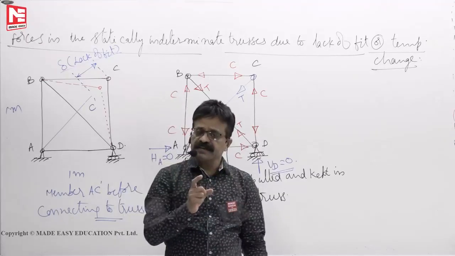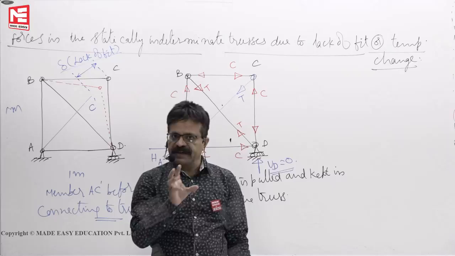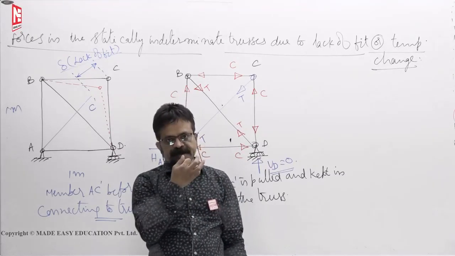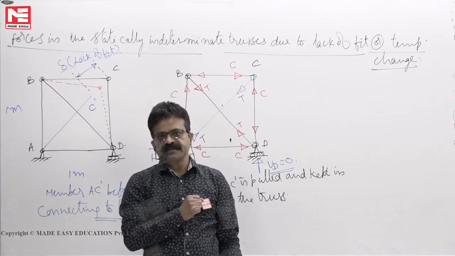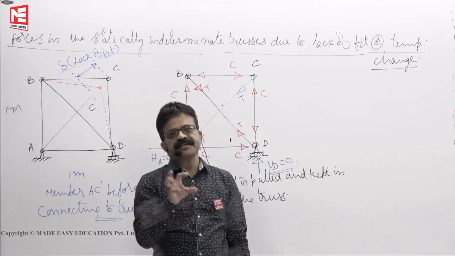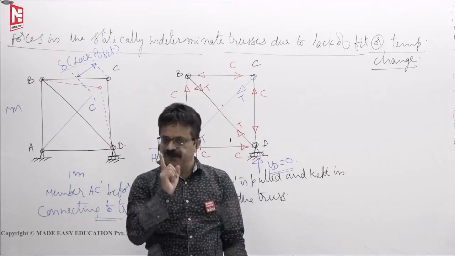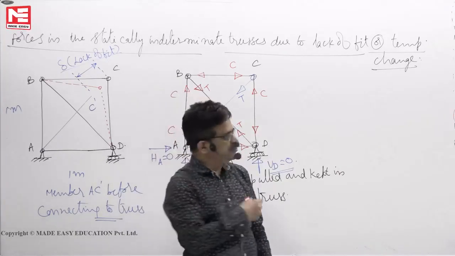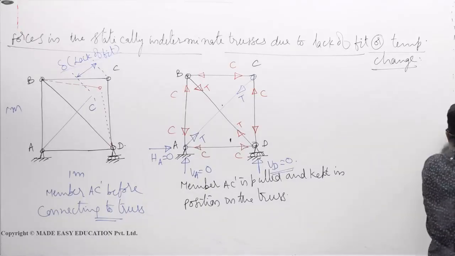In any statically determinate structure, the reactions are independent of cross sectional area and material property. But if you have a statically indeterminate structure, then the cross sectional area and material property influence the magnitude of reactions. First chapter, simple stress and strains, that's what you have studied. What you have studied, let us see in the third point.